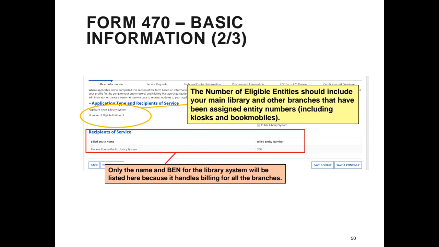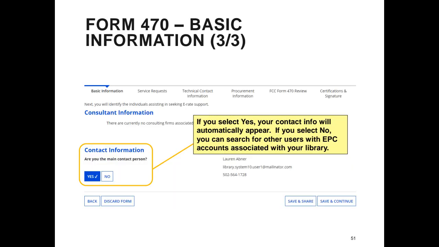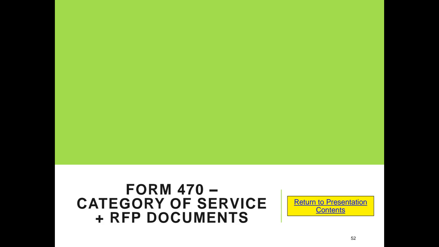Since this is pulled from profile information, you can't actually make any edits on this page. You indicate a contact person, which needs to be somebody in your library system that has an account for the E-Rate Productivity Center.